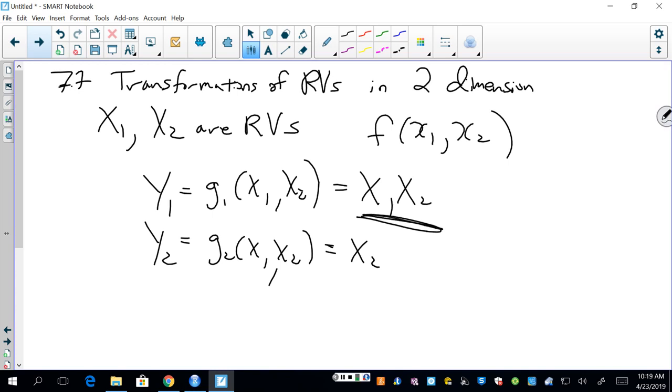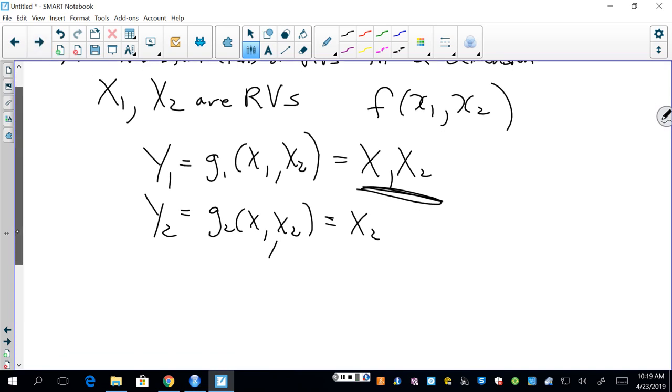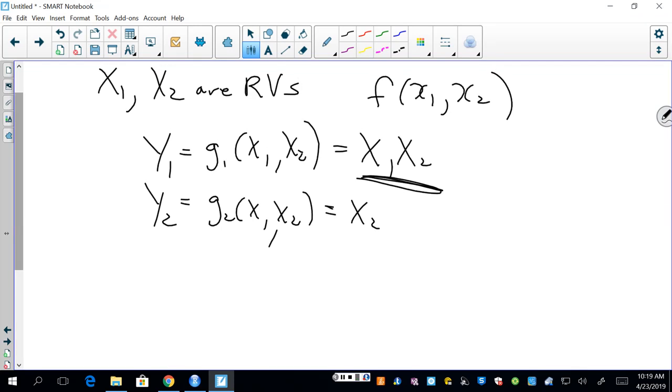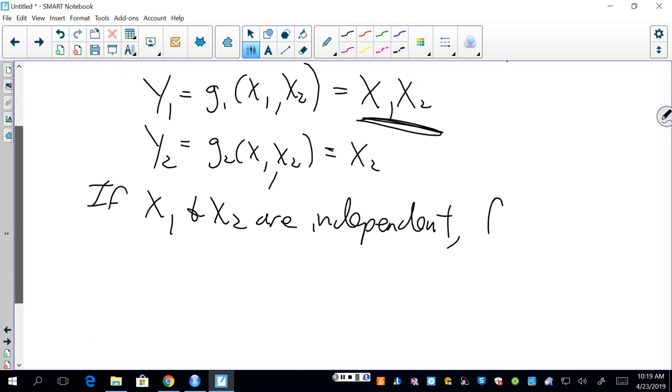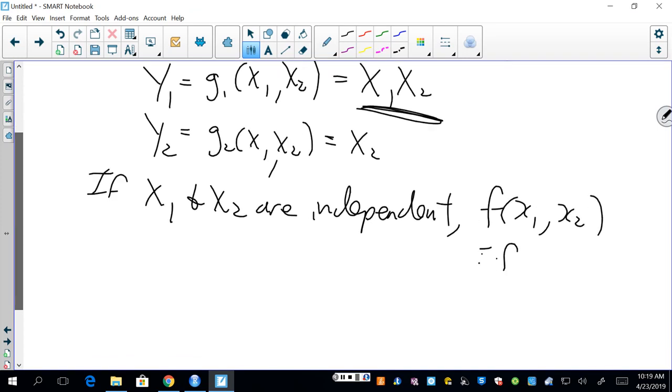For the ratio, the book has some other examples there. That's really our interest. If they're independent, you can multiply those together. The densities are simpler. So if x1 and x2 are independent, then the density of the 2 together is just going to be the product of the two densities.